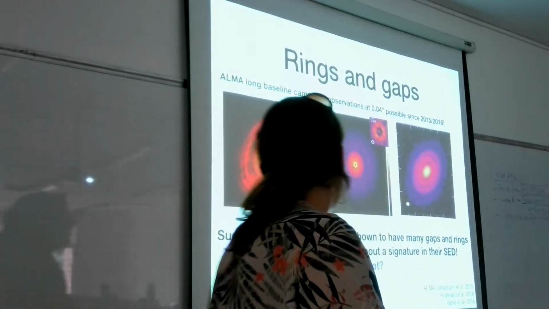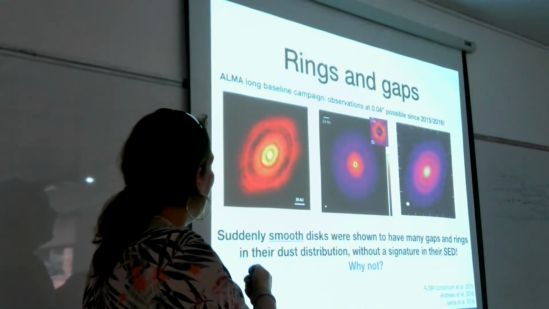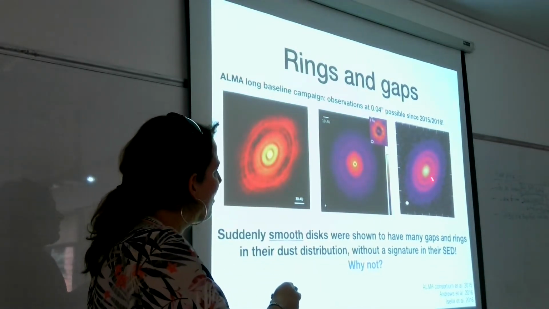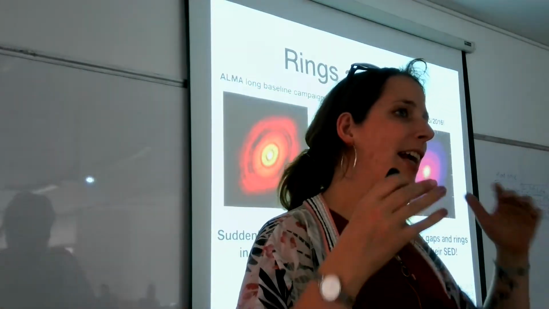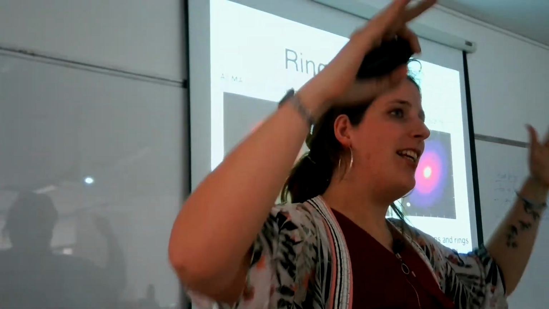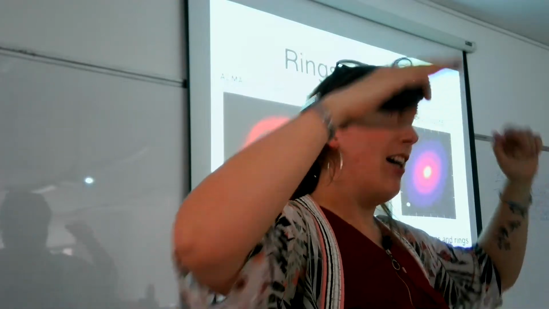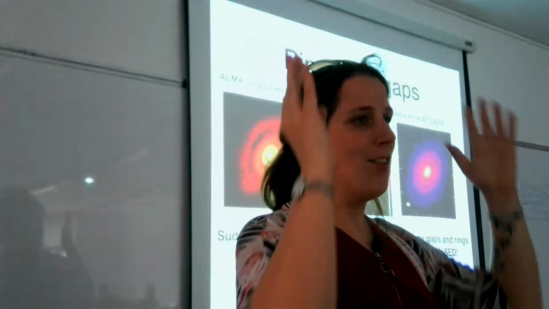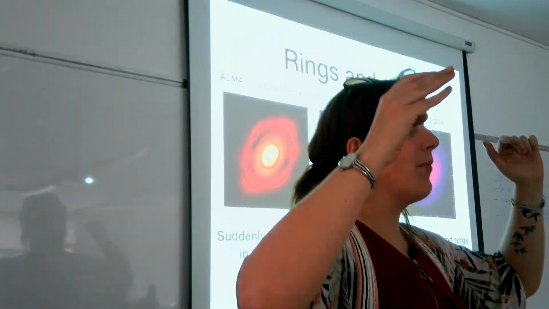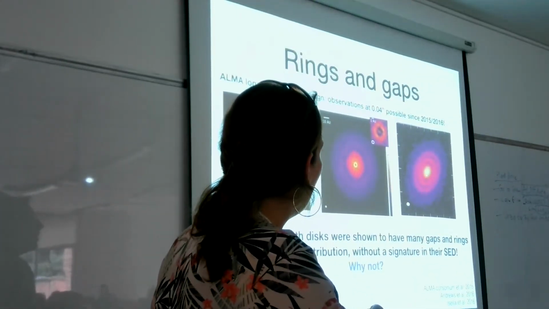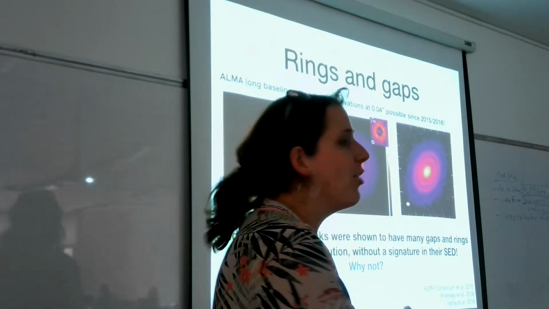So you were pretty close. The point is that in all of these disks, there's still a significant amount of dust close to the star. The infrared part of the SED is often cleared, that is where you see the dip, that is the very warm dust. But here the gap doesn't really start until 30 AU or so.